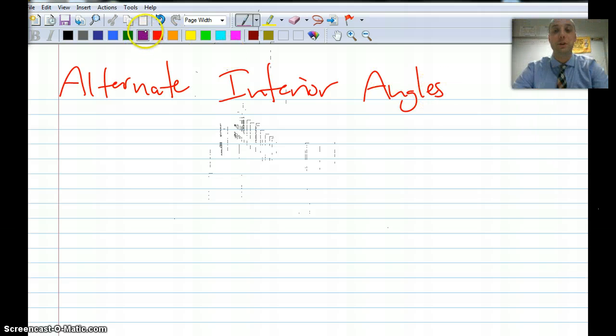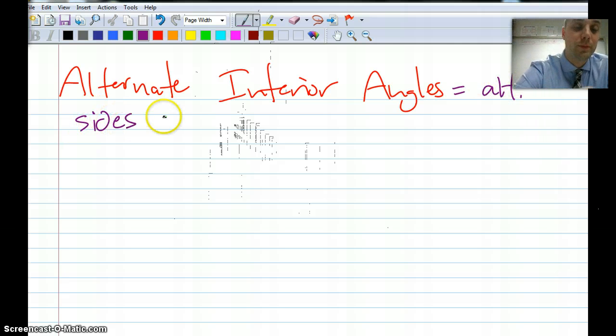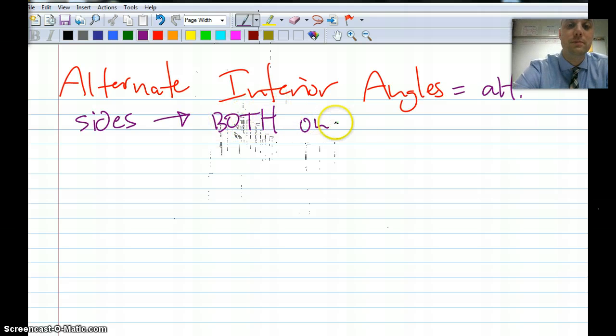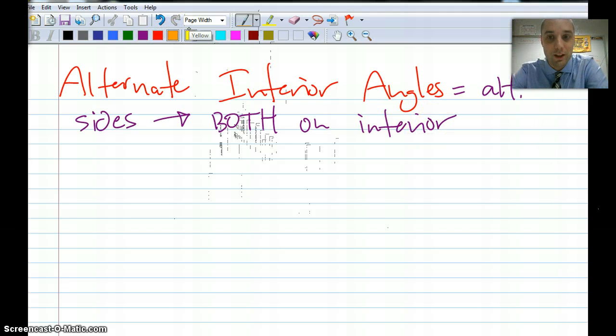So really similar to alternate exterior, obviously. So we have alternate sides of the transversal, and these are both on the interior. Alternating sides both on the interior.